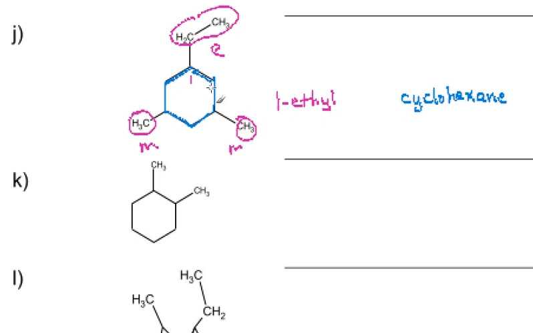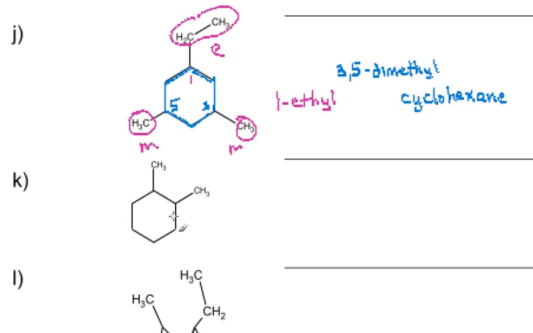If we go clockwise, then this is 2, 3, 4, 5. If we go counterclockwise, it's still 3 and 5. So no matter which direction, we're going to get 3, 5, and don't forget your di, 3,5 dimethyl, 1-ethyl, 3,5 dimethyl cyclohexane.